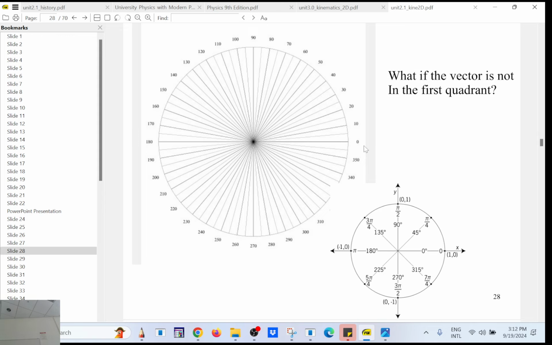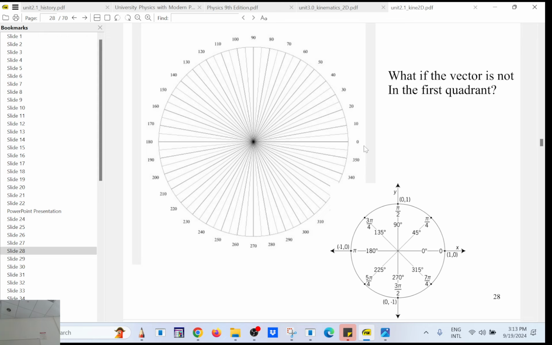Usually you always go counterclockwise. So 0 degrees, do you agree? 30, 60, 90 could be north, right? Or 90 degrees. Then you increase 120, 150, 170, 180. Do you agree? So first quadrant, second quadrant, third quadrant, 270, and then you go to 360.